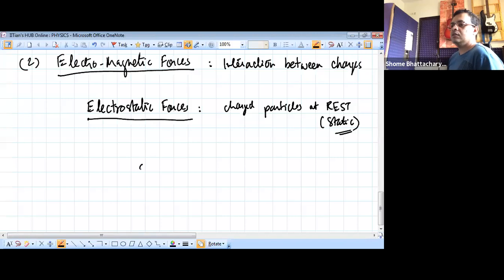Interestingly, that force is very similar to the force of gravitation. The only difference is that, for example, if I have two positive charges, plus Q1 and plus Q2, then instead of attraction, they will be repelling each other. If I have two positive charges Q1 and Q2 at a distance R, then this one will experience a force going directly away from Q1.